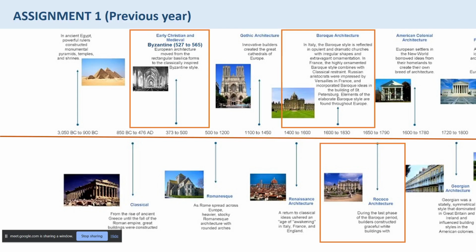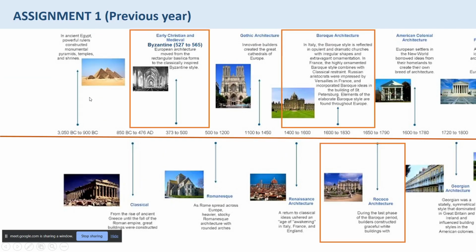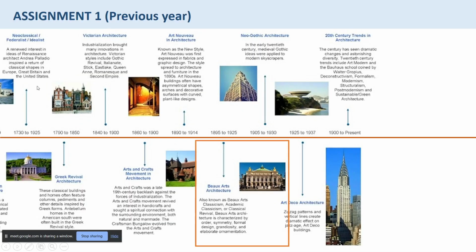So then next was American colonial architecture, and then Georgian architecture. These were the eras that were mostly covered in America, so I'm not covering those parts.